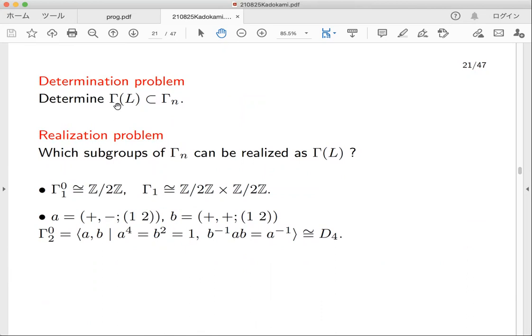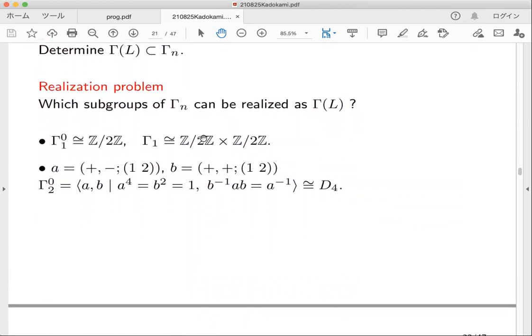The first one is the determination problem: determine gamma L. The second is the realization problem: which subgroup of gamma n can be realized as gamma L. The n equal to 1 case is the case of amphicheiral knots.